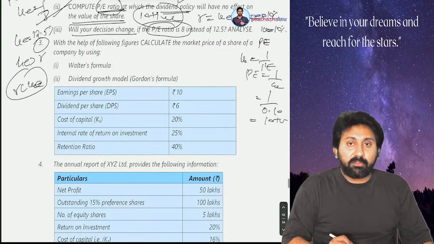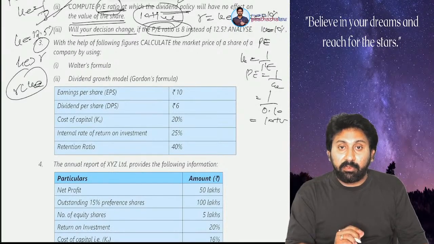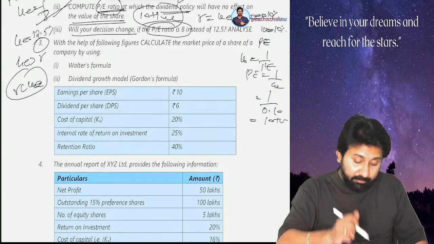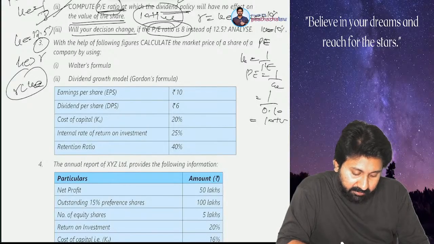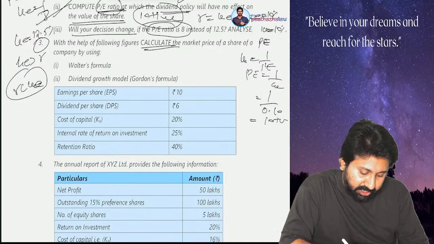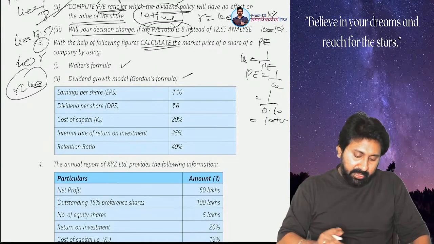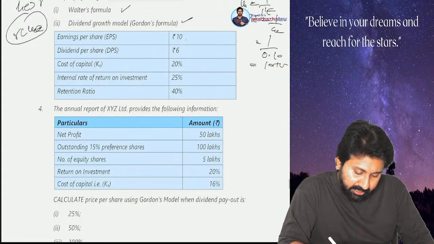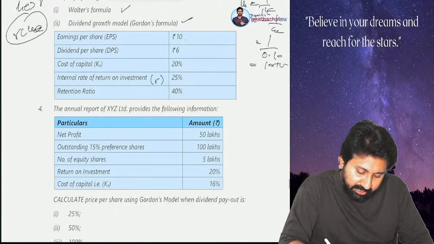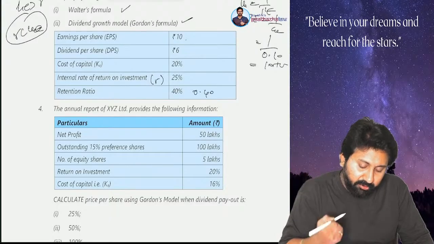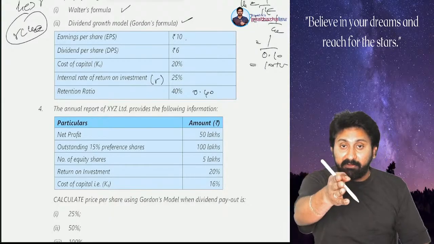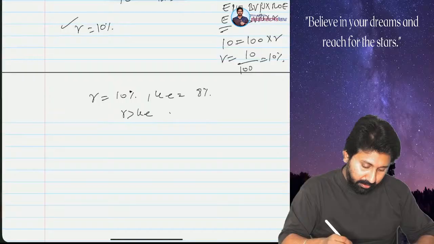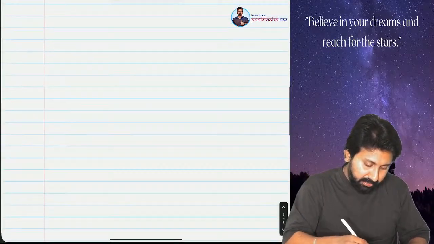This question number 3 is helpful to do Gordon and Walter in the same question. With the help of the following figures, calculate the market price of the share using Walter and using Gordon. EPS 10, dividend 6, cost of capital 20%, internal rate of return R 25%, retention ratio B 0.4. Everyone start doing, keep the heading: illustration, question number 3.